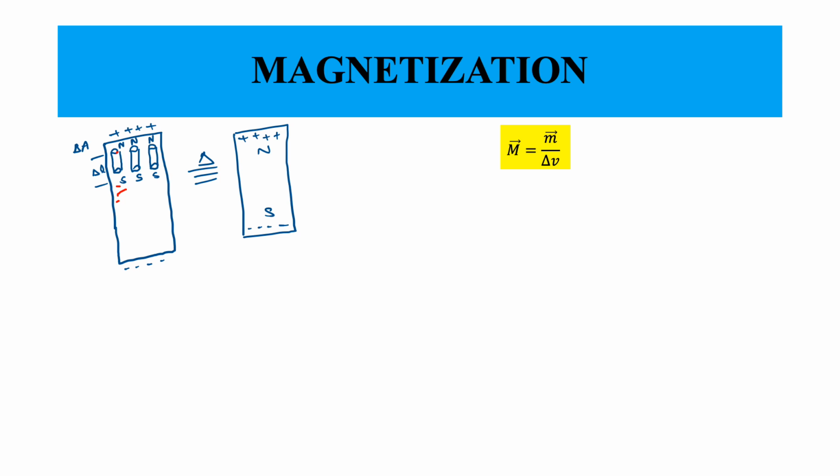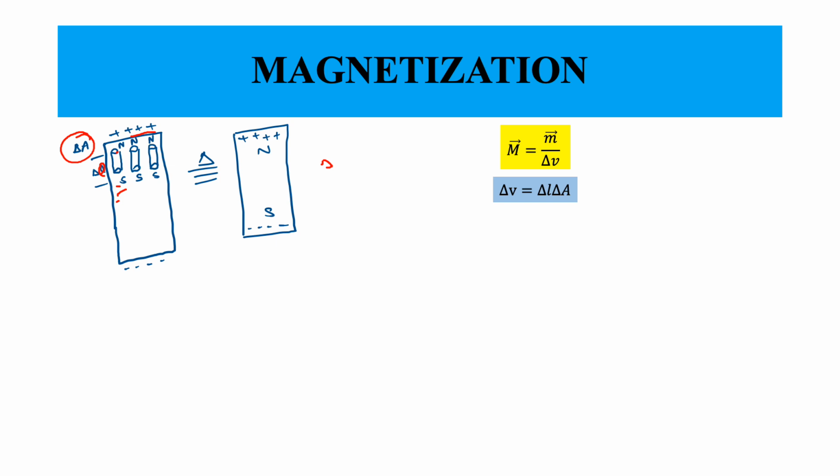For this one, assume each dipole has a length delta L and an area delta A, so the volume occupied by each dipole is delta L into delta A. One cannot really talk of individual dipoles, but of a group of dipoles, so you will take them as a group charge.